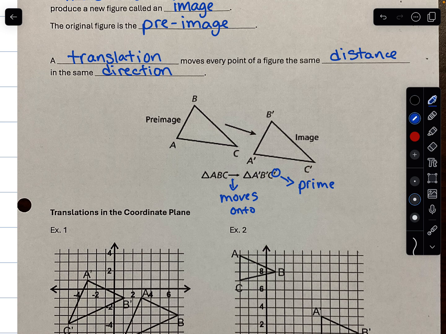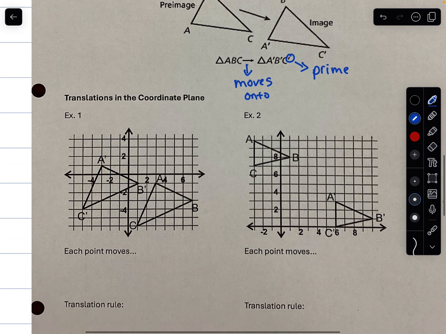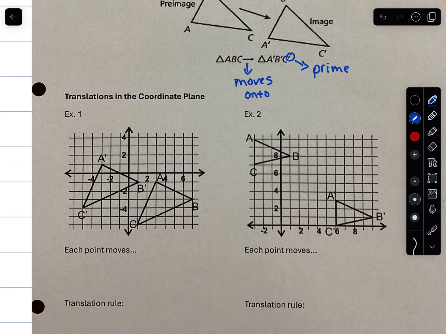So every time it's going to give us a pre-image, which we call ABC or ABCD, whatever it is, the new image is called prime. All right? So we're just going to talk through a couple examples, talk about how this works specifically with ordered pairs, and then we'll go from there.